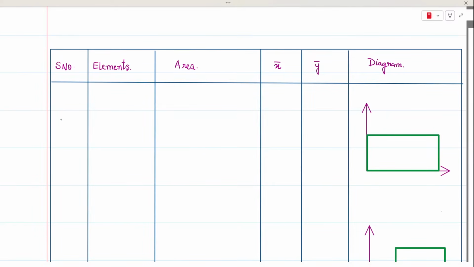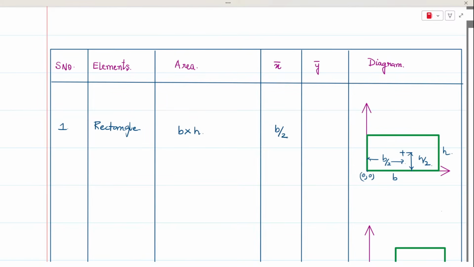So the very first one we have is the rectangle, and that's known to many of you. Area is breadth into height, and the x coordinate will be at a distance of b by 2 from the origin, and the y coordinate will be at a distance of h by 2.